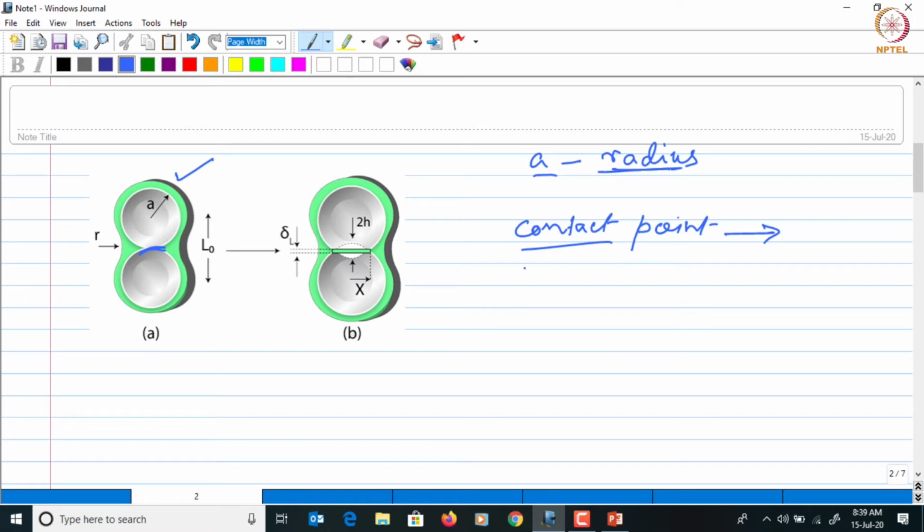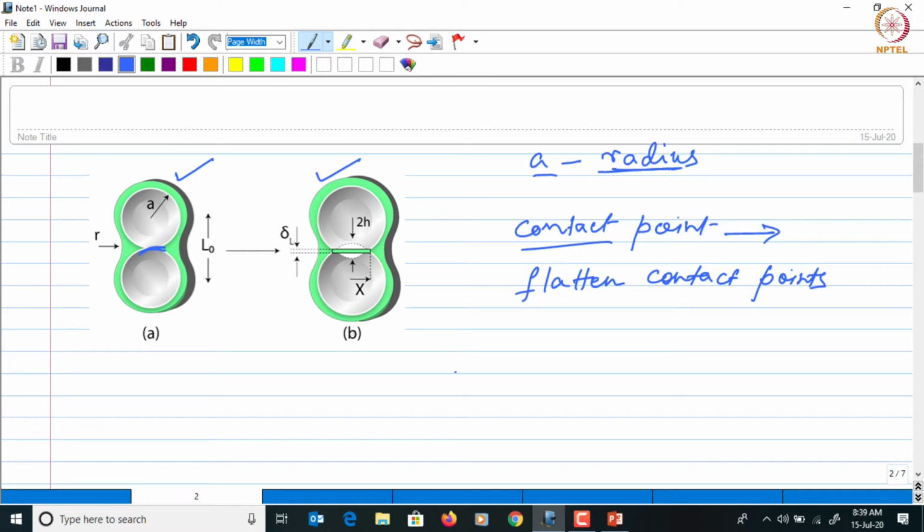And as that happens, the contact points will get flattened, which you can see from figure B.